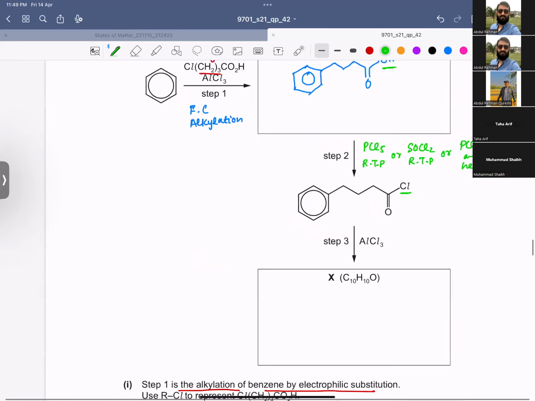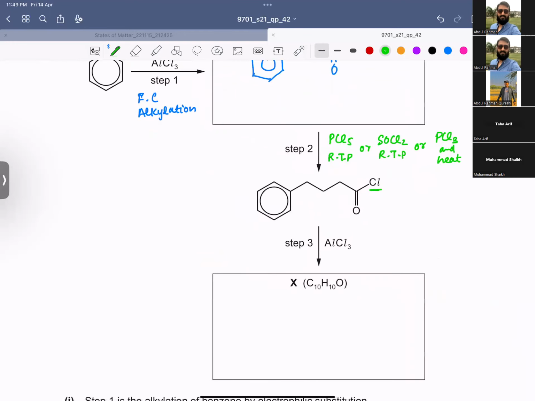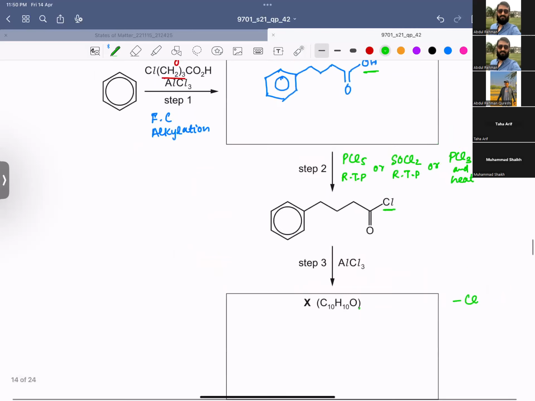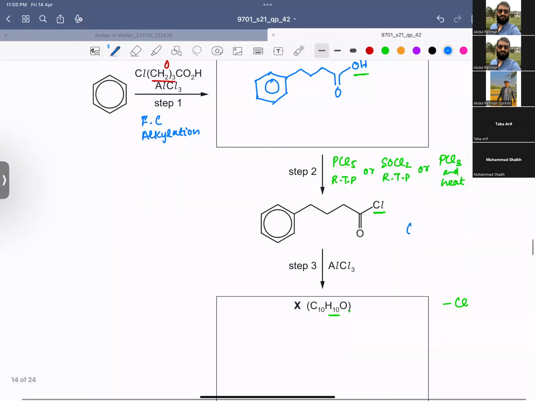Now, if you see, you have to identify X. So think, there is no chlorine, so chlorine would be subtracted from the molecule. And if we write the molecular formula over here, what would we find?